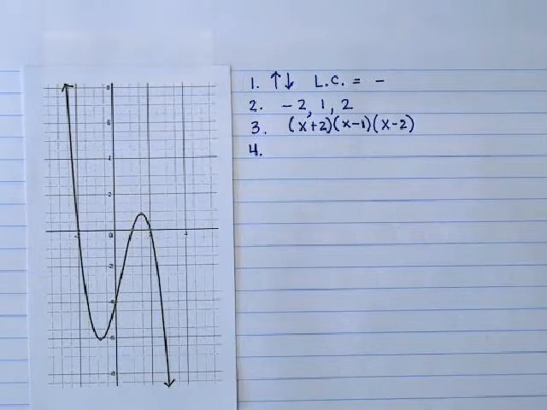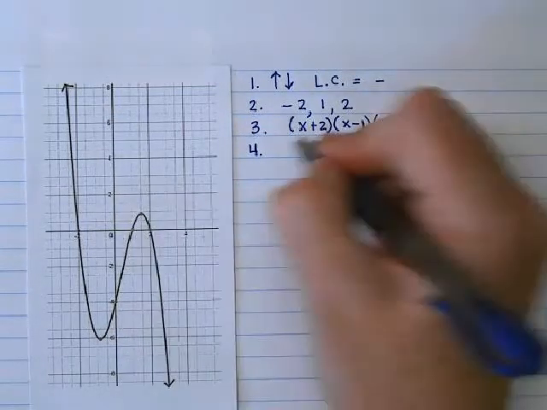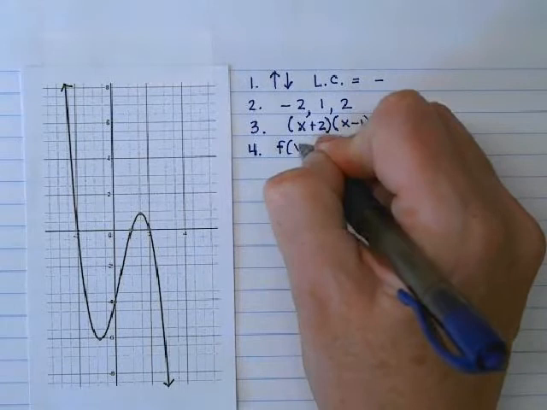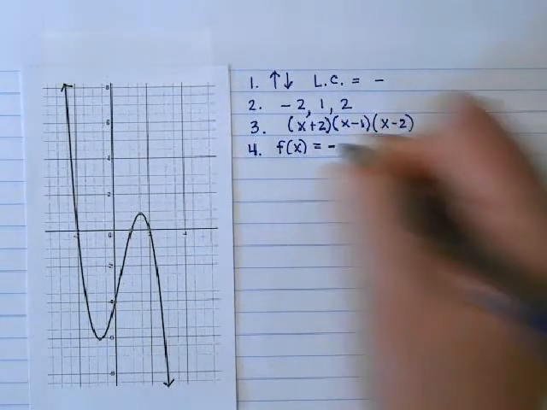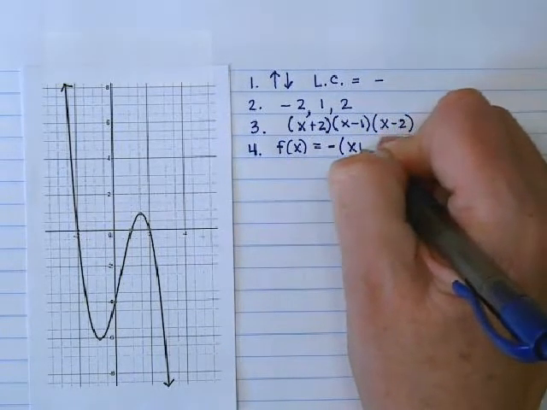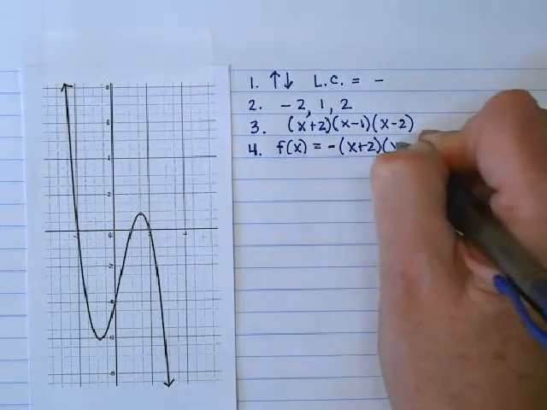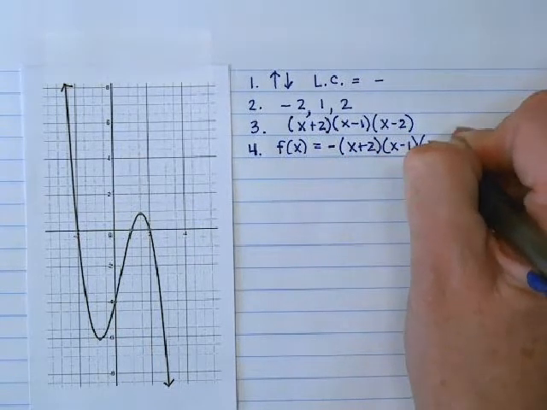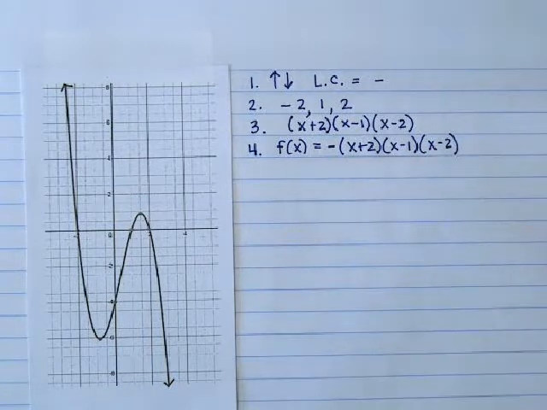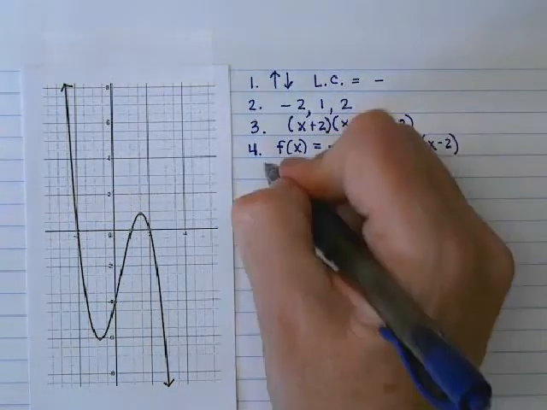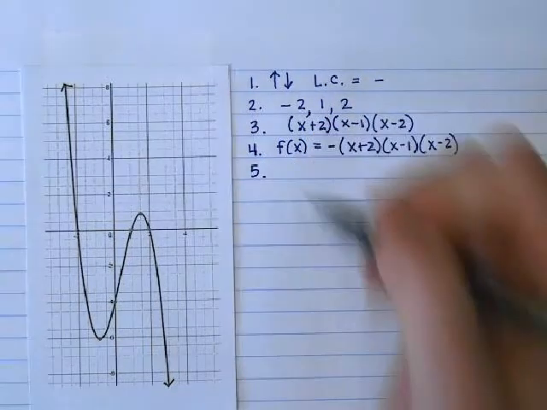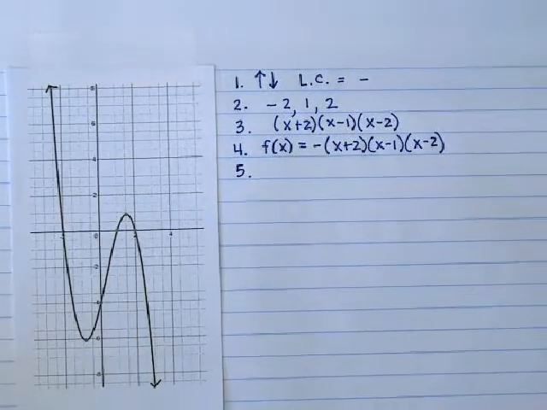Fourth thing, we are going to add an f of x and the sign of the leading coefficient. We said it was negative, so negative times x plus 2, x minus 1, x minus 2. The fifth thing, we're going to multiply to get it in standard form.